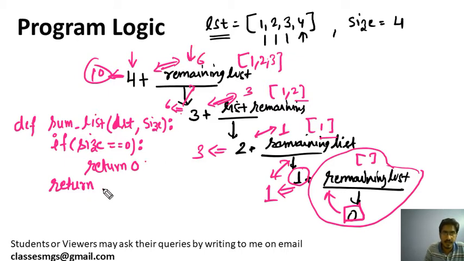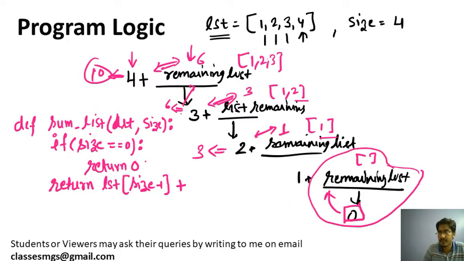So return lst[size-1], then plus, then we will again call this function, sum_list. Here we will pass the list itself and size-1.